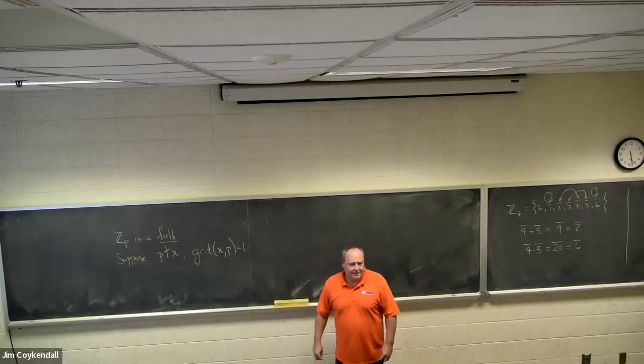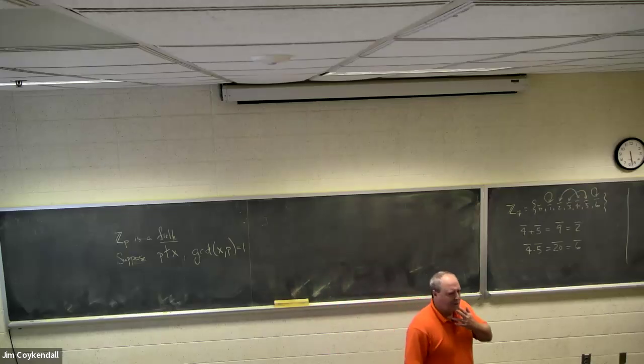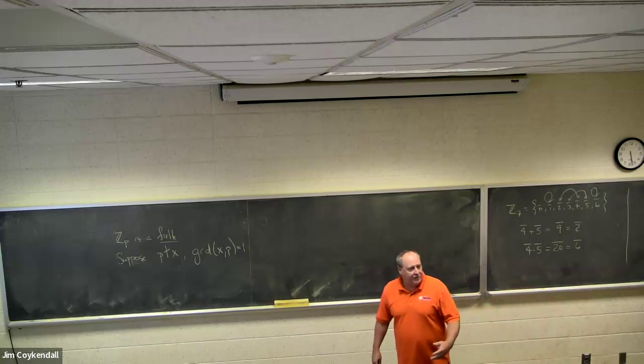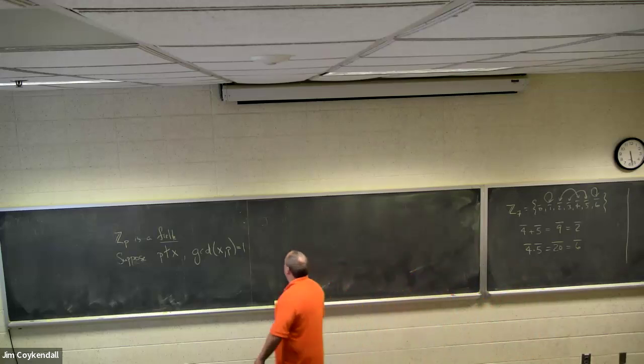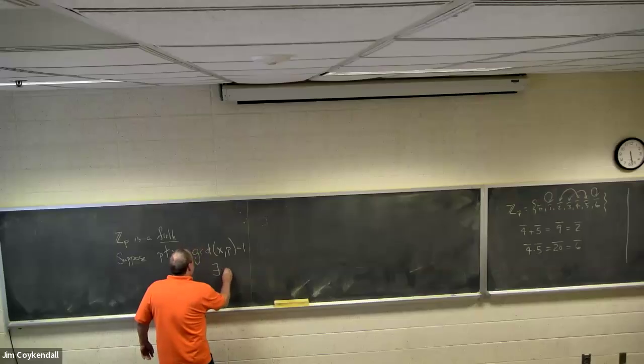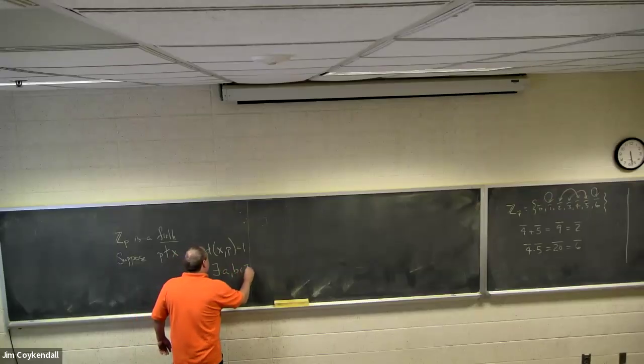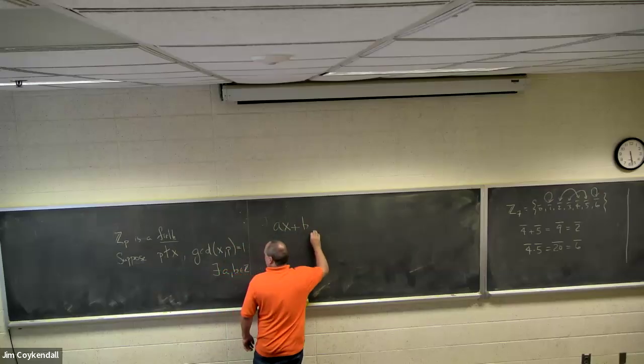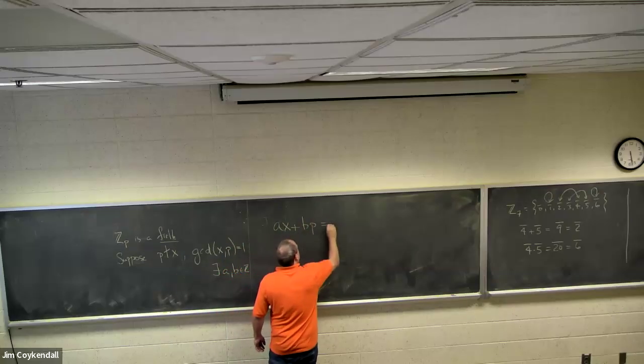So what does that mean about x and p? I have beat you to death with this: there is a linear combination of x and p that is 1. So there exist a and b in Z such that ax plus bp is equal to 1.